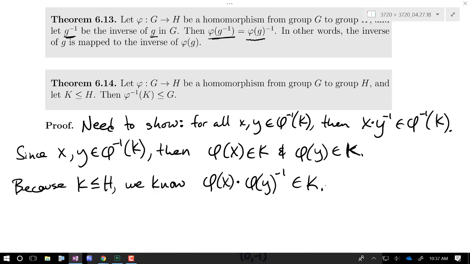Now we're going to use the fact that phi is a homomorphism and those two previous results. We said a homomorphism maps inverses to inverses, so the element inverse of phi of y is the same as phi of the inverse of y.